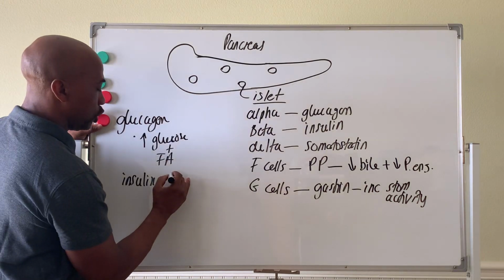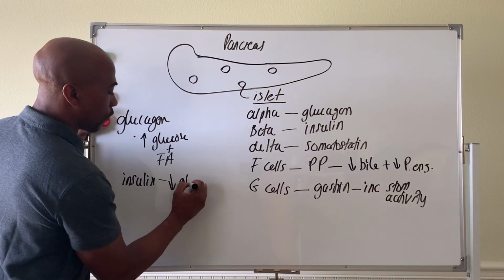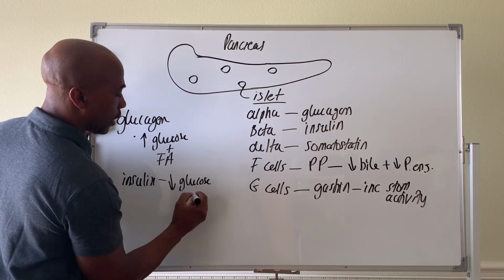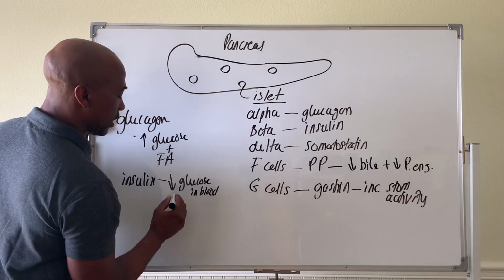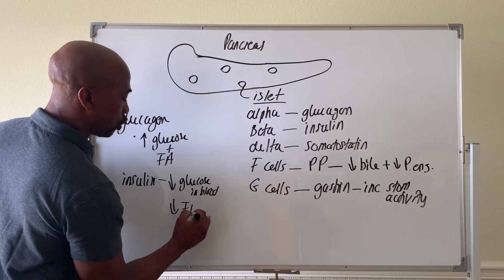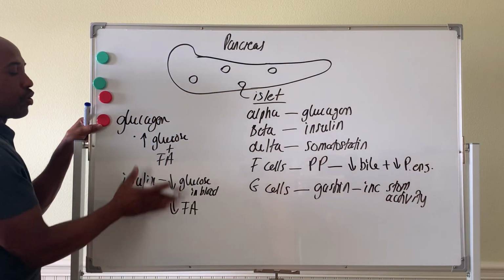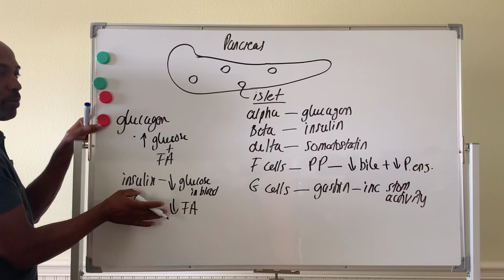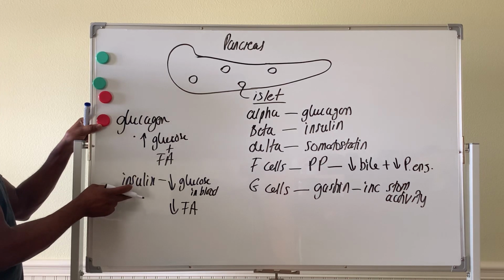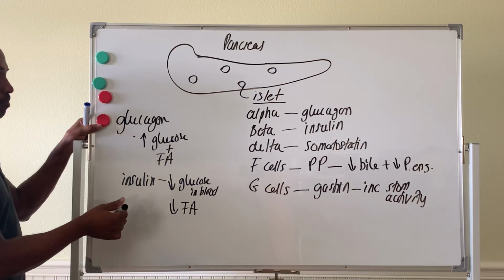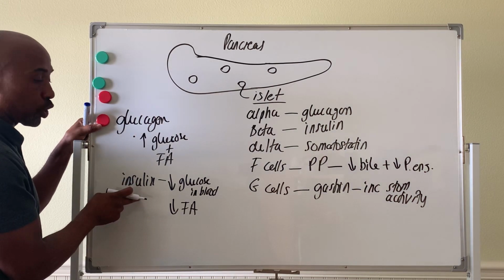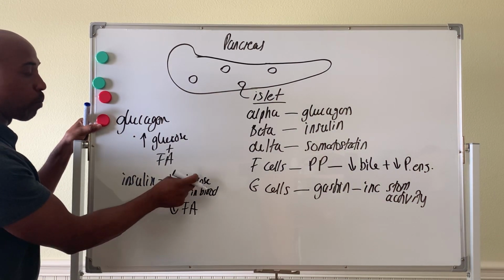So you drop levels of glucose in blood, as well as levels of your fatty acids. You try to store your energy substrates when this is in play. Normally after a meal, this goes up to promote you to pull your nutrients out of the blood and store them in your cells. And most cells require insulin in order to absorb glucose.